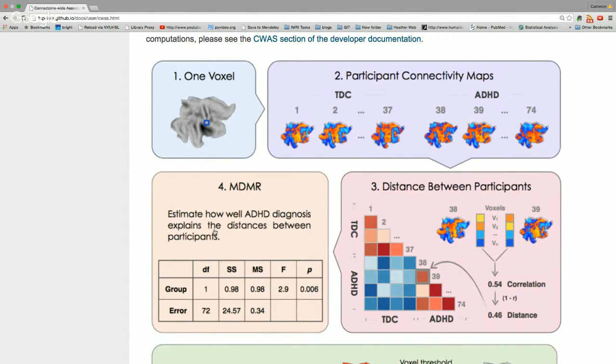So what you do is you select one voxel, and then across all of your participants, you extract their whole-brain connectivity map, right? Then you calculate a distance matrix between every pair of participants in your data set.